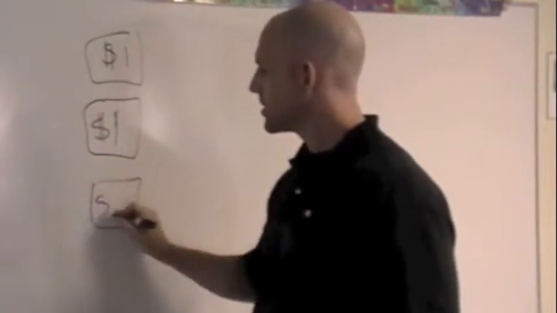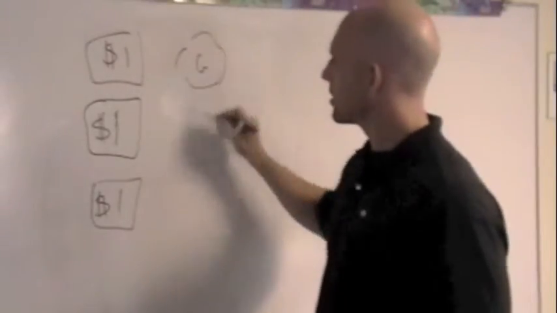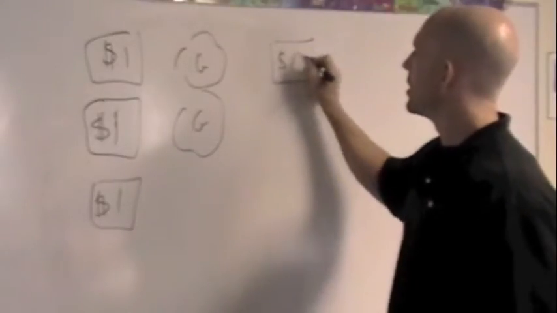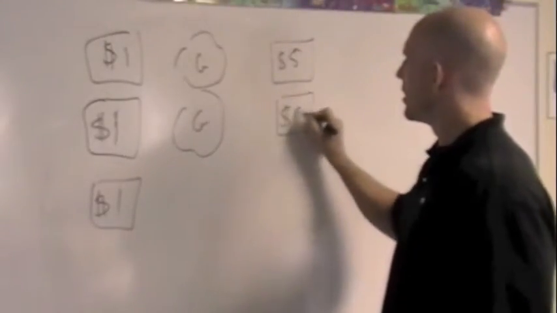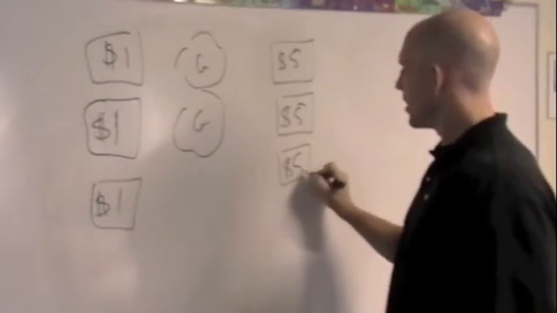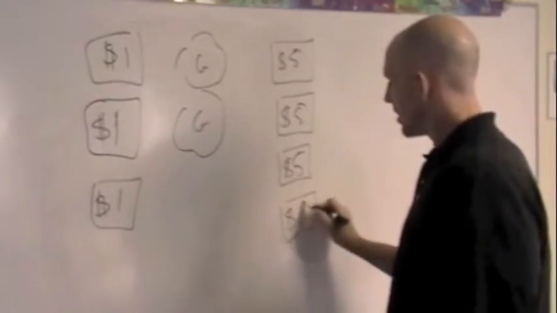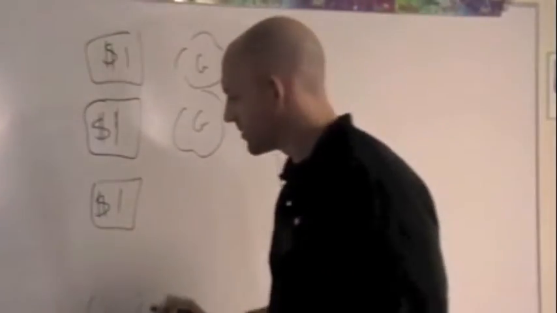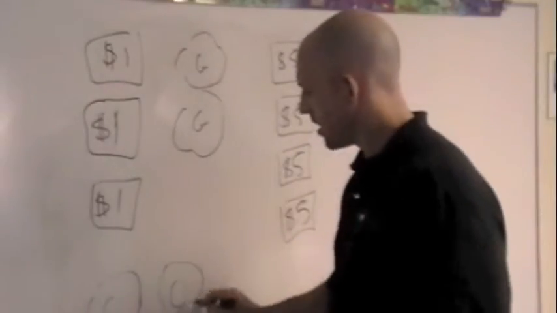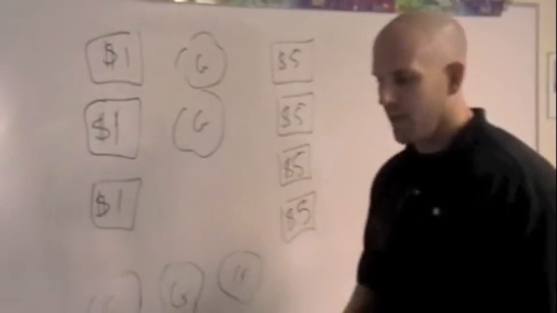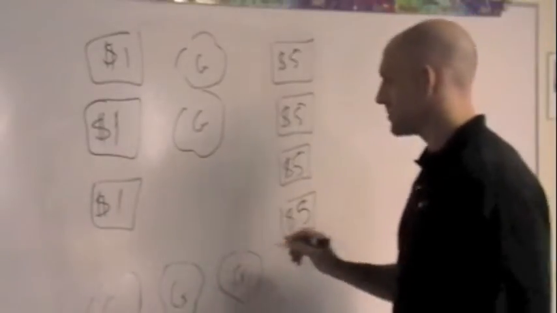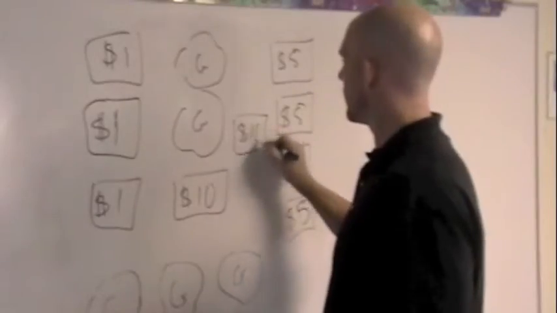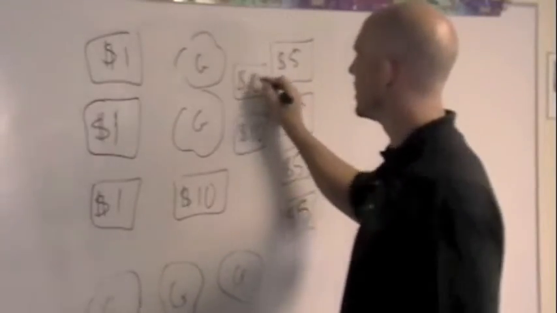There's my dollar bills, got my gold nuggets here, I got a couple $5 bills, maybe I got a couple more gold nuggets, and maybe 5 $10 bills.